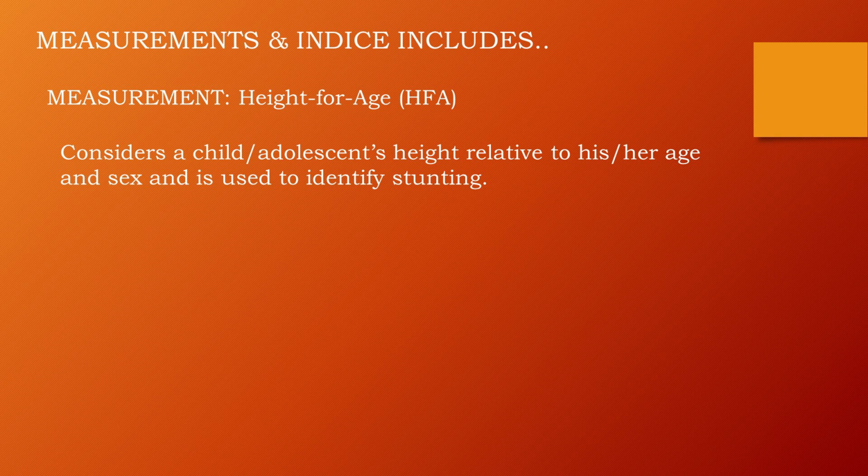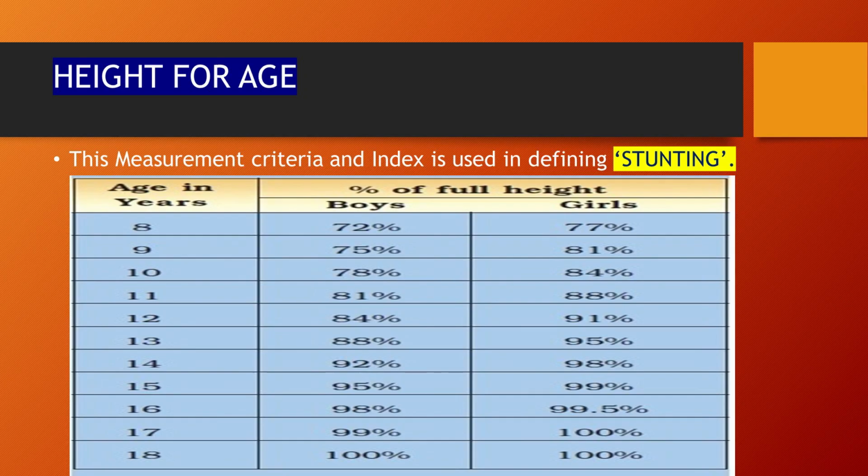Now, if you look at a child of 8 years and an adolescent of 18 or 19 years, and you compare both a boy and a girl to see how they grow in height, you will find that for a girl the achievement is at a little earlier age.